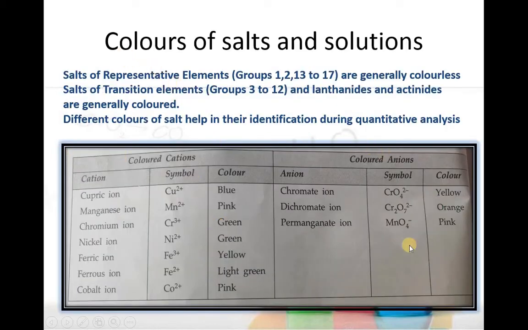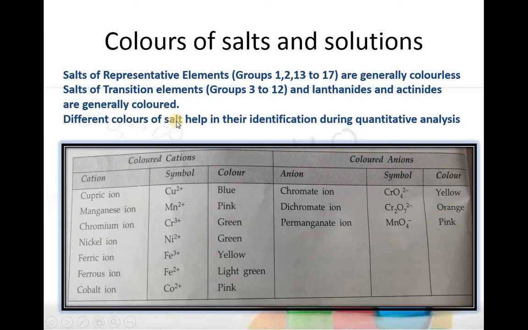There are the charts of colors of salts and solutions. If you see the salts of representative elements, that is group 1, 2, then 13 to 17, these are generally colorless. Salts of transition elements like group 3 to 12 as well as lanthanides and actinides are generally colored.